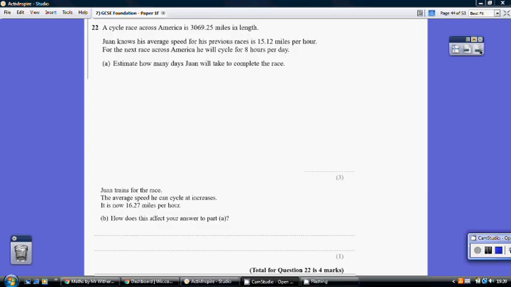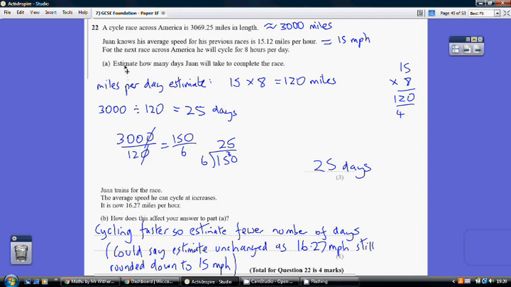Question 22. We've got to estimate how many days Juan will take to complete the race. So it's an estimate. First things first, the length of the race across America is roughly 3,000 miles, and he's roughly going to be doing 15 miles per hour. So how many miles per day is he going to do roughly?